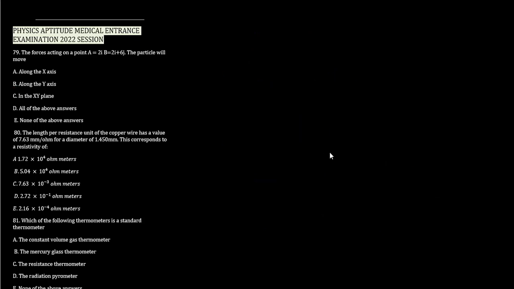Question number 80. It reads, the length per unit resistance of a copper wire. The length per resistance unit of a copper wire has a value of 7.63 millimeters per ohm for a diameter of 1.45 millimeters. This corresponds to a resistivity of, so resistivity is the product of the resistance times the cross-sectional area of the wire divided by the length.